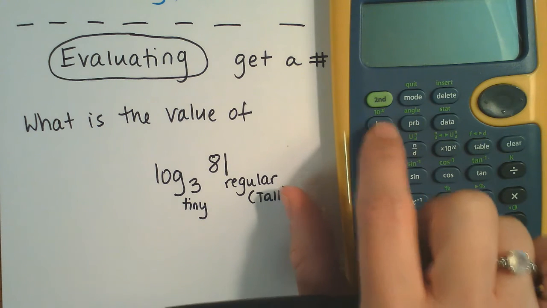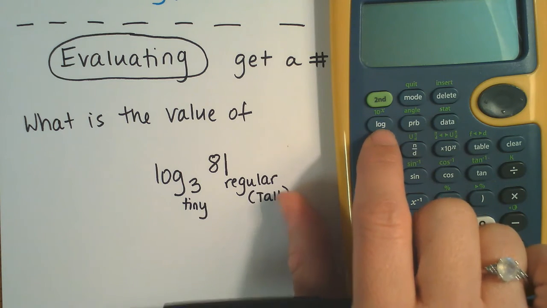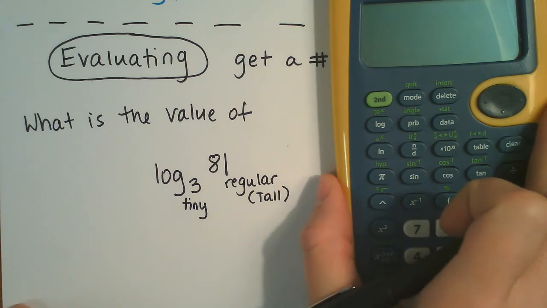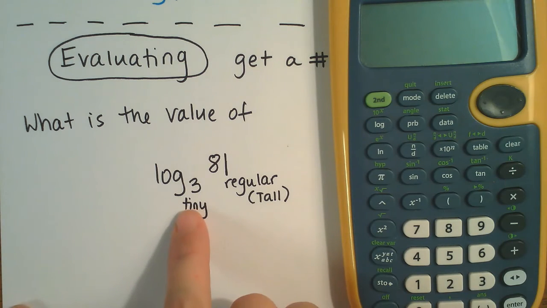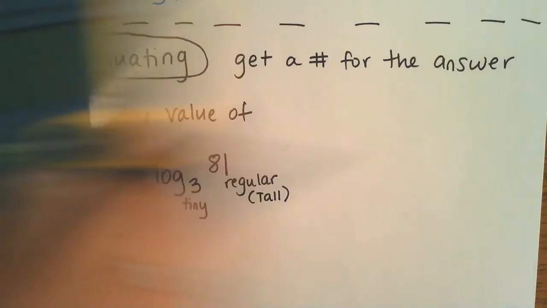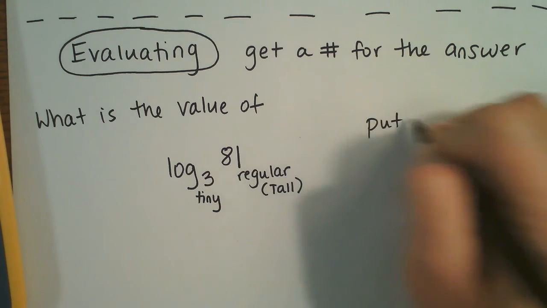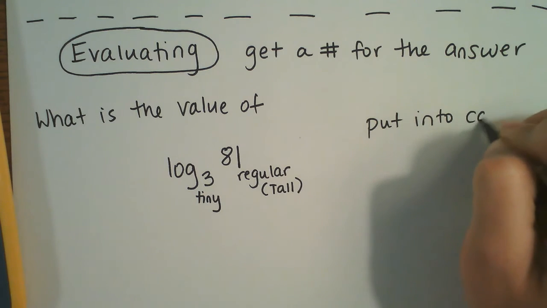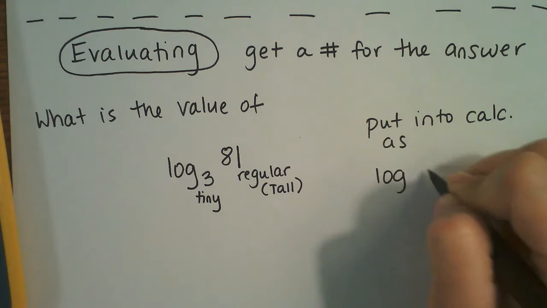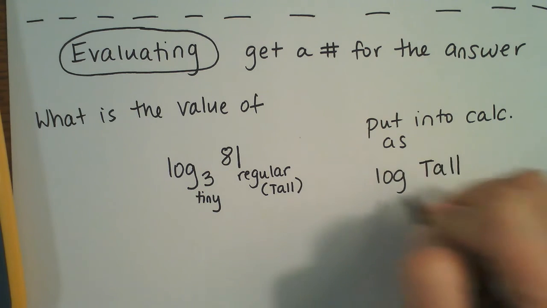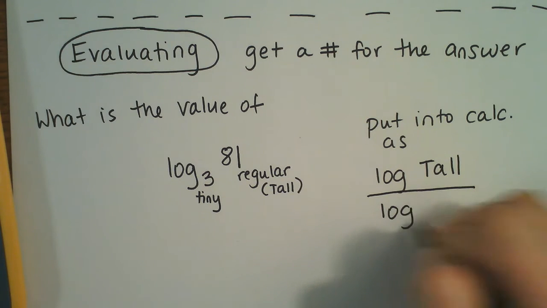So anyway, what we have to do is a change of base in order to put this into the calculator, because it's not base 10, ours is base 3. So we're going to put this into the calculator as log of the tall over log of the tiny.